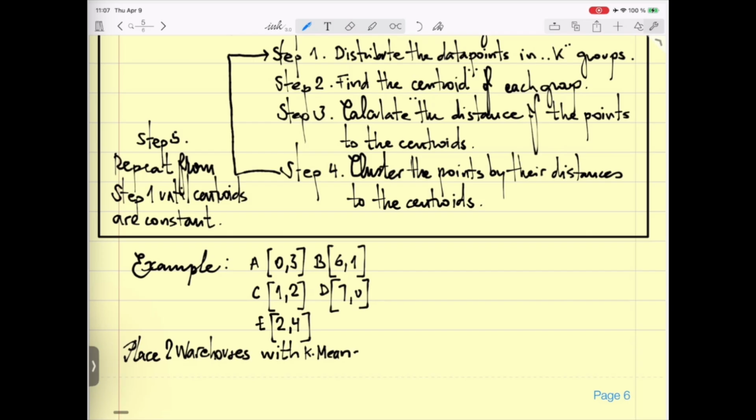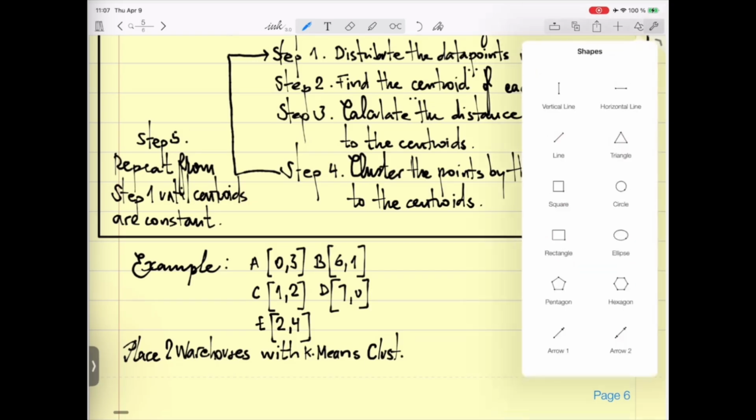In the exam, I will not tell you you need to use K means clustering. You need to know it. Okay.